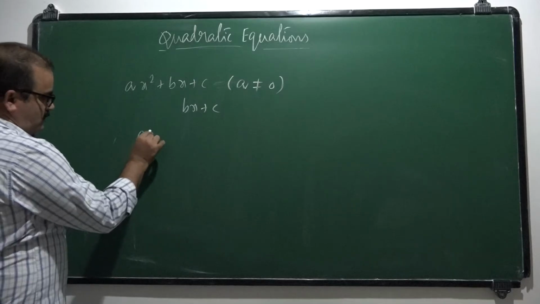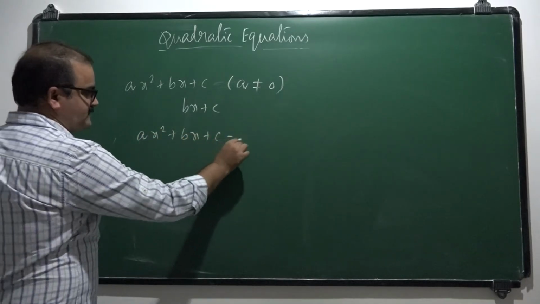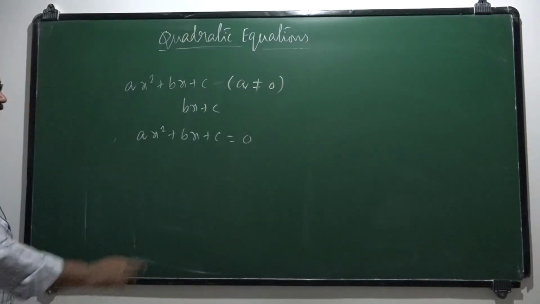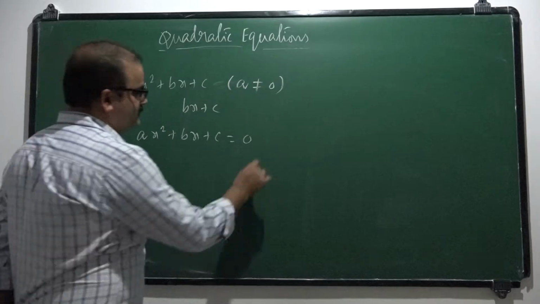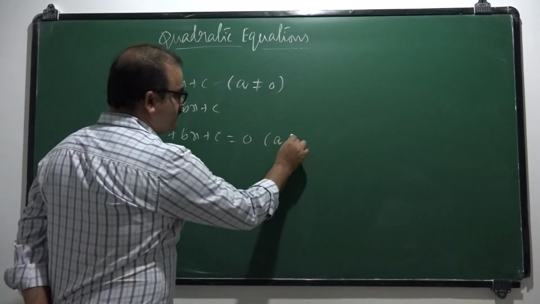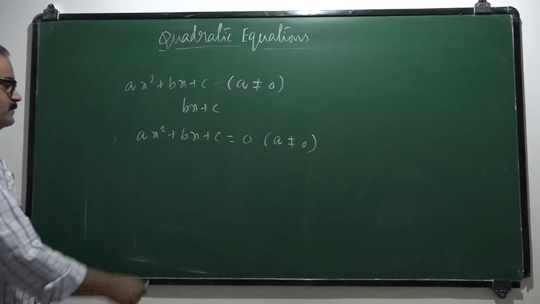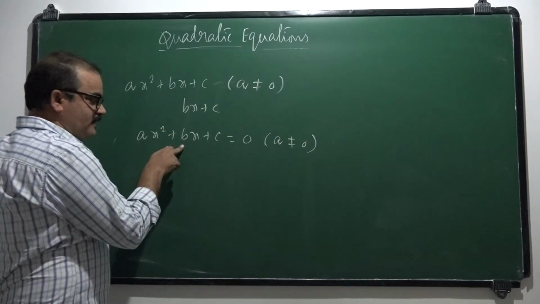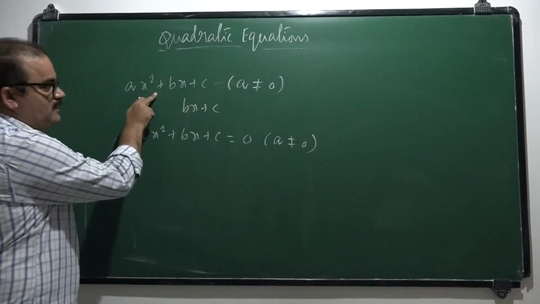Now if we equate this quadratic expression to 0, then it is called quadratic equation. Here also a is not equal to 0. This is called quadratic equation. This is called quadratic expression.